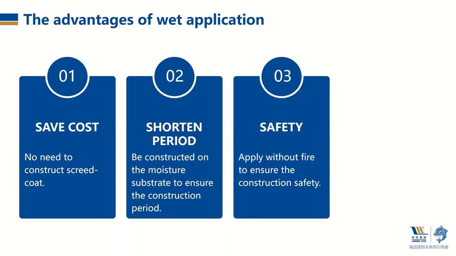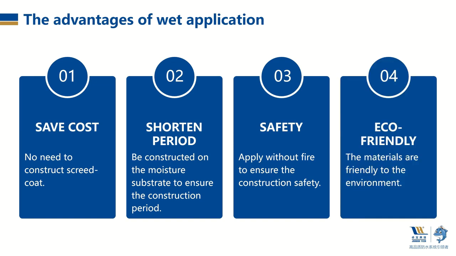The third is safety. Wet application can be applied without fire to avoid fire hazard. The last one is eco-friendly. The bonding material, cement slurry, is friendly to the environment.